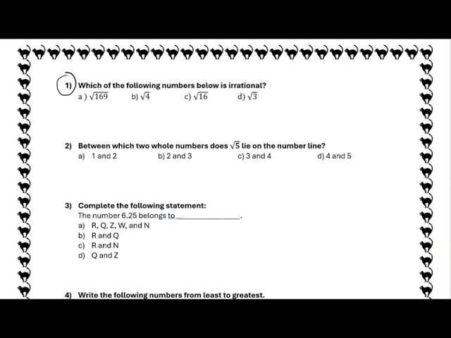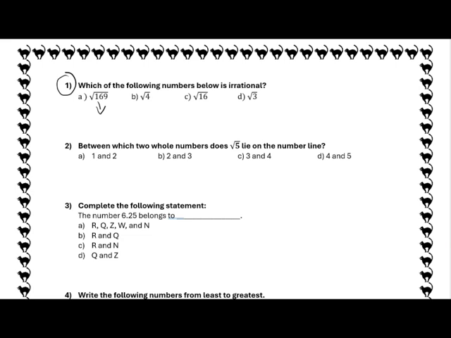Number 1. It says, which of the following numbers below is irrational? All right, so irrational means that it goes on and it doesn't repeat. So if I take the square root of 169, I can plug that into my calculator. Square root of 169.